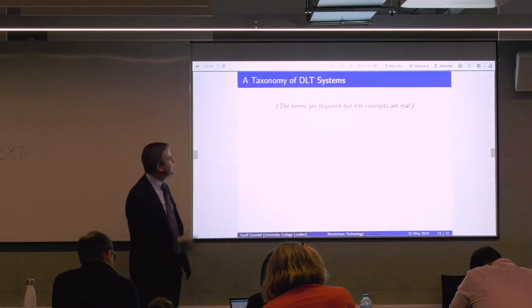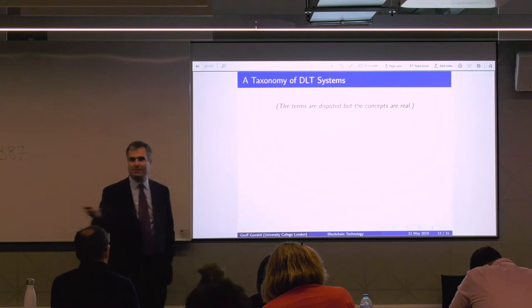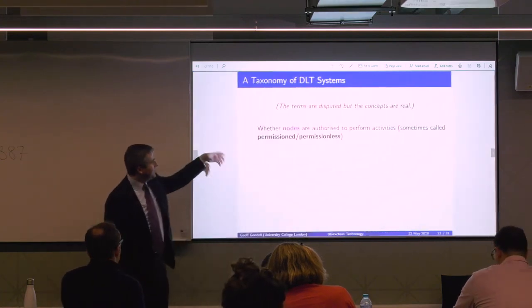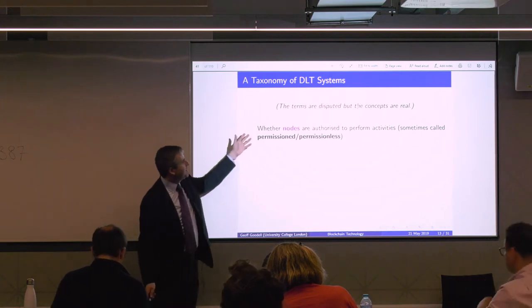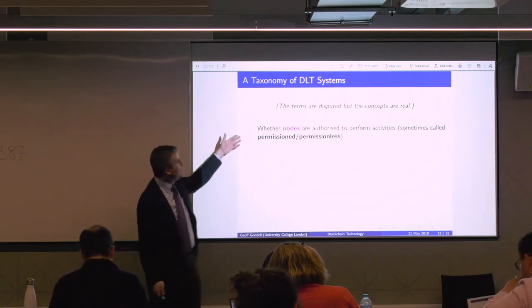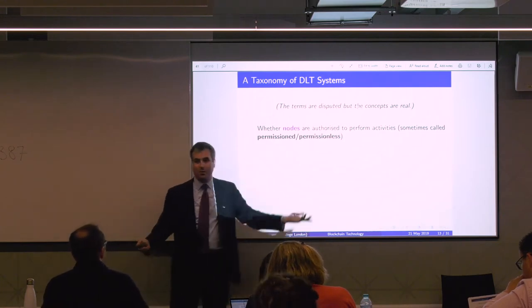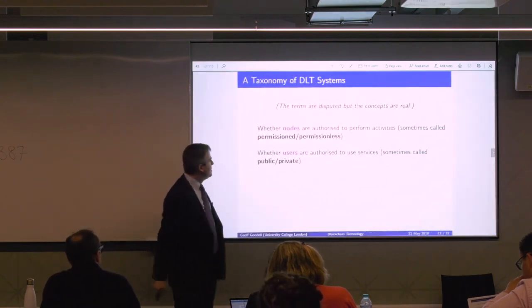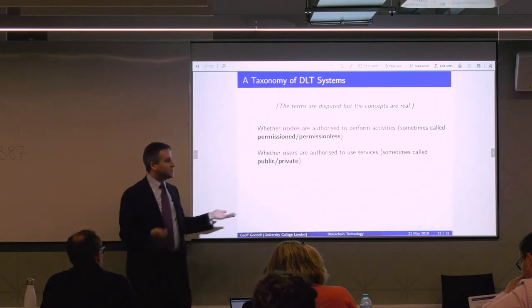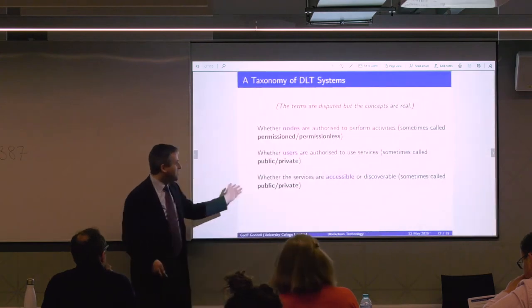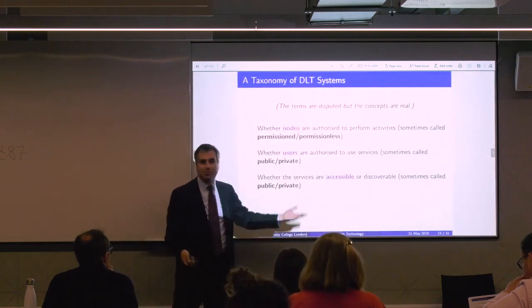Okay, so let's talk about different ways that we can describe these DLT systems. First, we can describe different DLT systems on the basis of whether nodes are authorized to perform activities or not. So that is whether they're permissioned or permissionless. Or whether users are authorized to use services that might depend upon the DLT. Maybe that's public versus private. Maybe whether the services are accessible or discoverable.